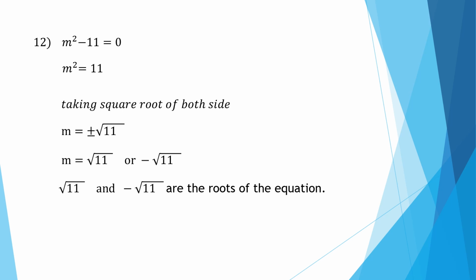Taking the square root of both side, we get m is equal to plus minus root of 11. So m is equal to root 11 or minus root 11. So the roots of the equation are root 11 and minus root 11.